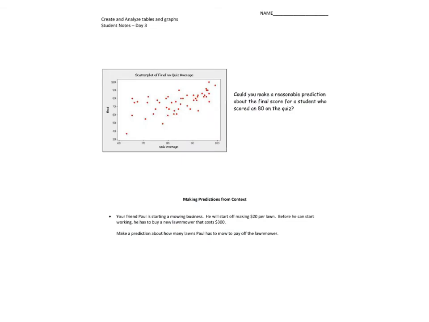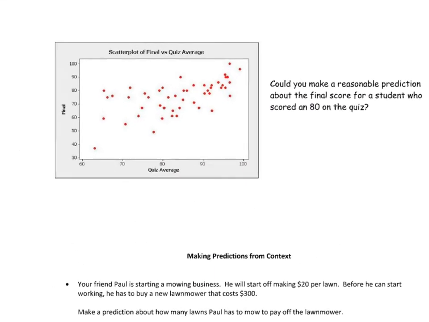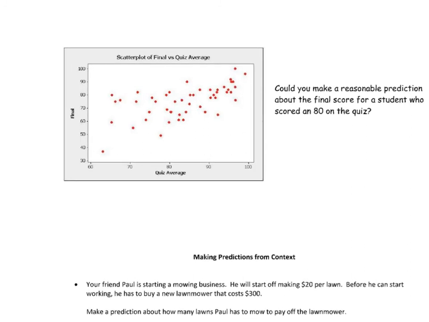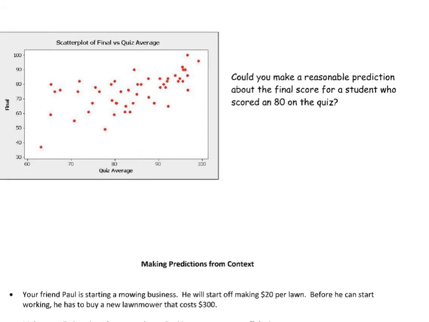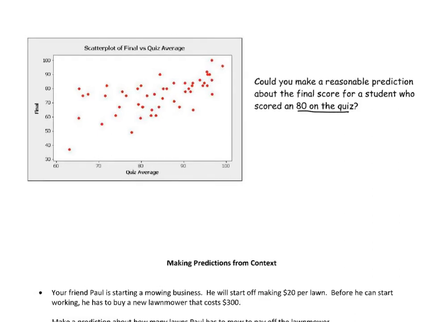Let's go to the next page. We've got this scatter plot, and it's kind of all over the place. It says, could you make a reasonable prediction about the final score for a student who scored an 80 on the quiz?